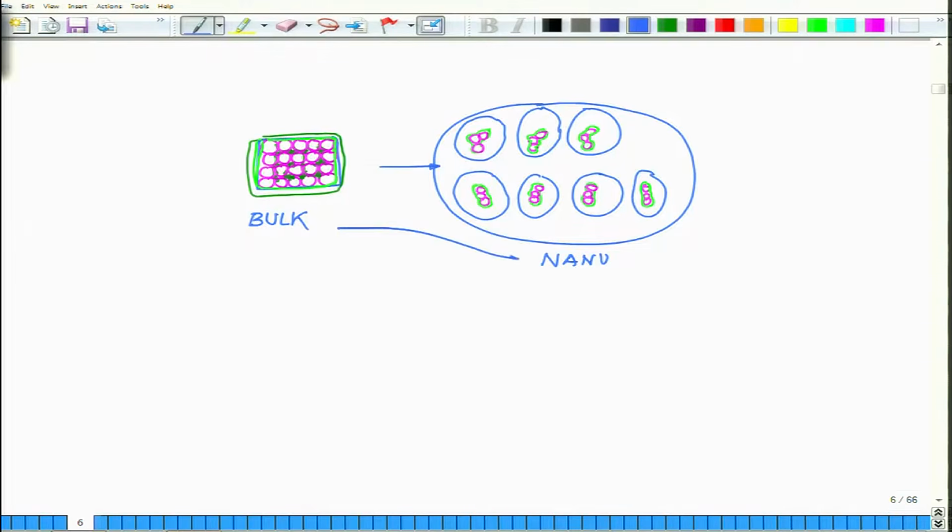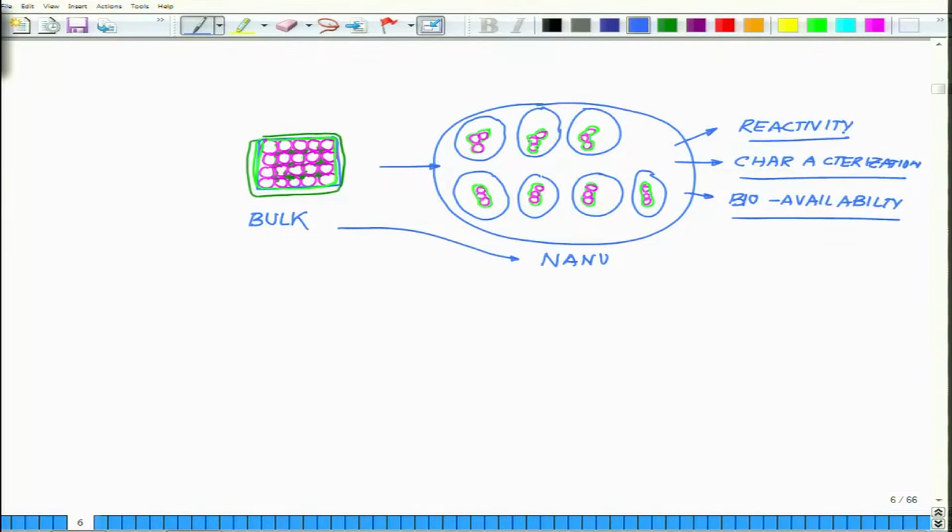This journey, and then of course we talked about their characterization, their reactivity, and several other aspects to it, and their bioavailability, likewise.